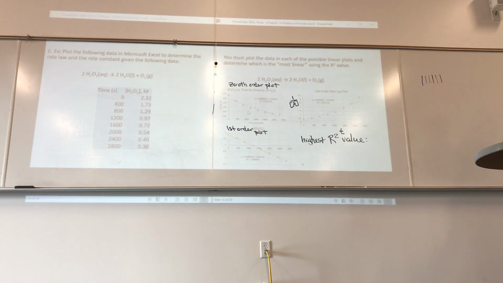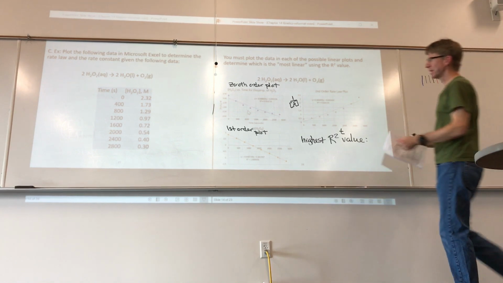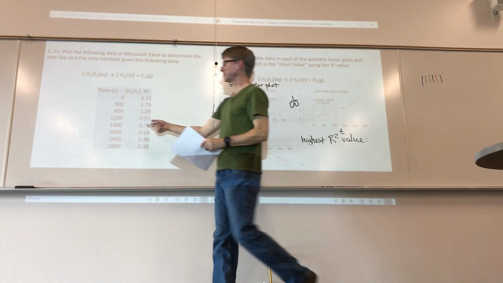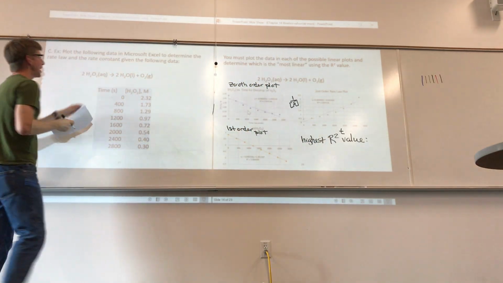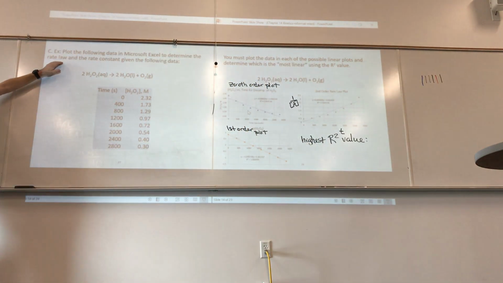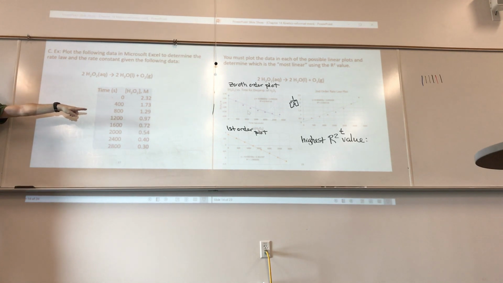The points are more well fit by the line. And here's a use for the number to tell us something cool and useful. So, on the homework, when you get a set of data and it says, plot the data in Microsoft Excel to determine the rate law, done.